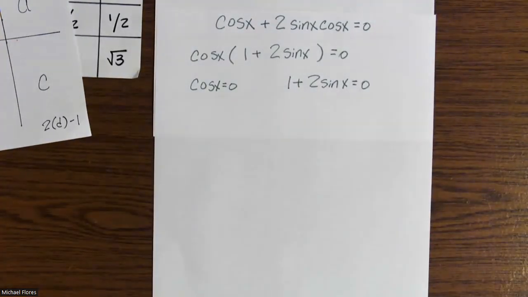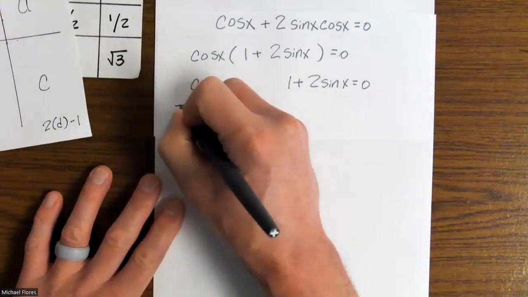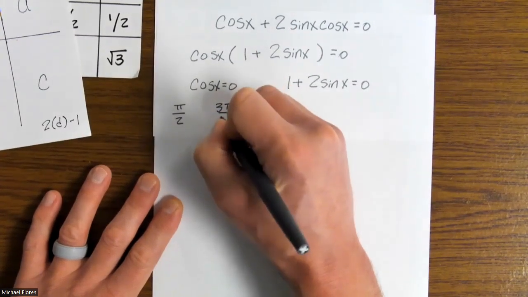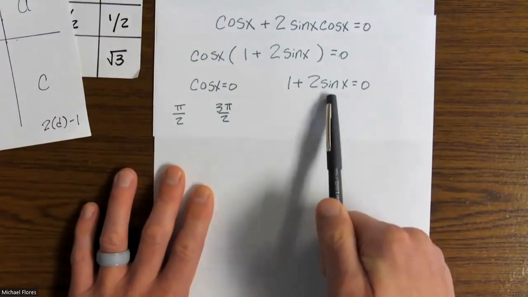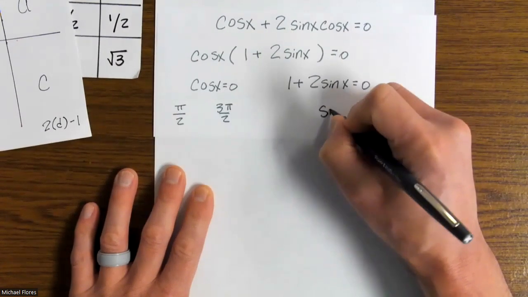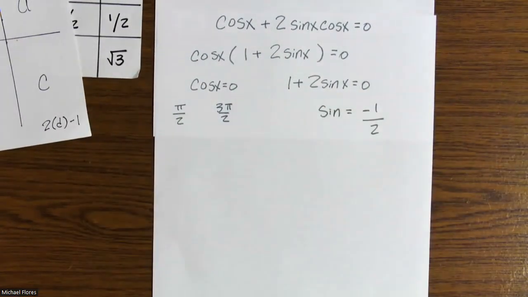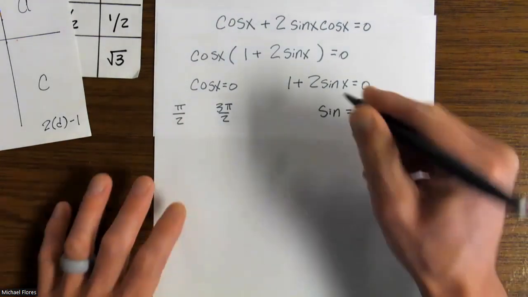And now we can begin solving. All right, cosine is 0 at pi over 2 and 3 pi over 2. To solve this one, you would have to subtract 1, then divide both sides of the equation by 2.